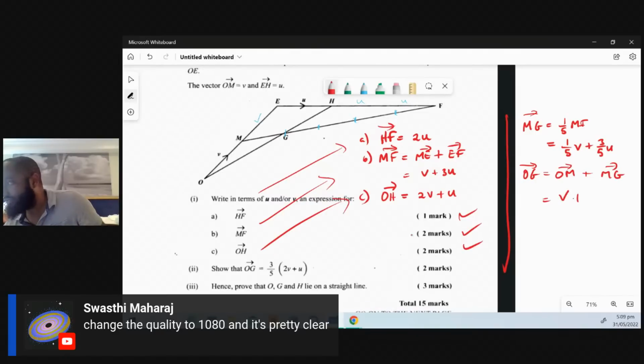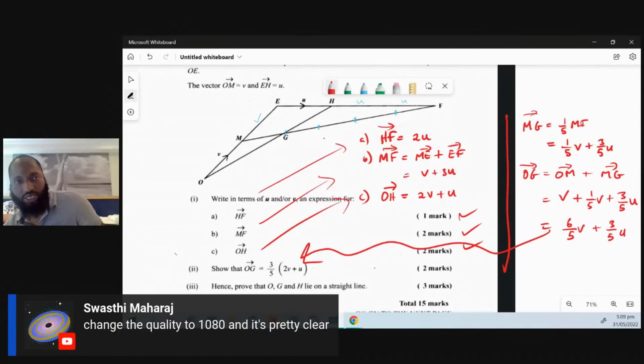OM is straightforward, that's V, and this is 1/5 V plus 3/5 U. So this is actually 6/5 V plus 3/5 U. Now this is looking a little different than what they have here, but it actually is the same thing.